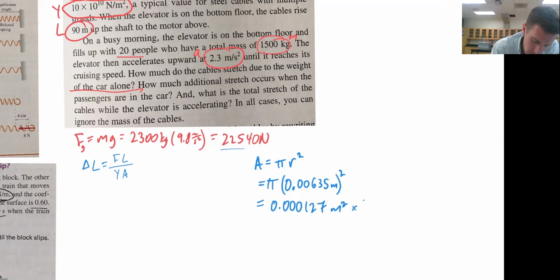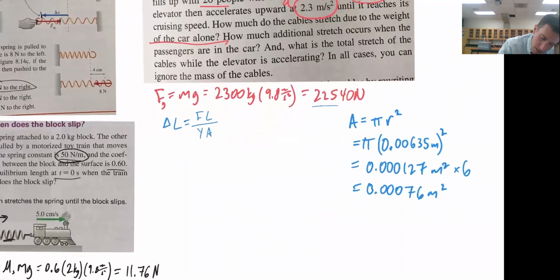So I'm going to also do times 6. So my total area is 0.0076 meters squared. Okay, so now I can plug in all those values.